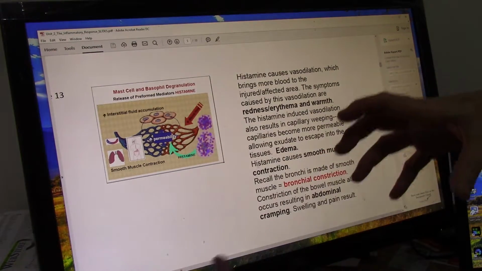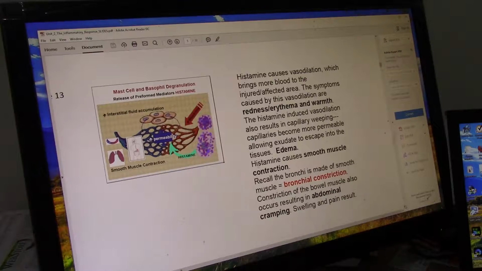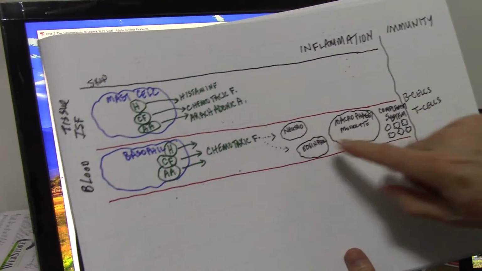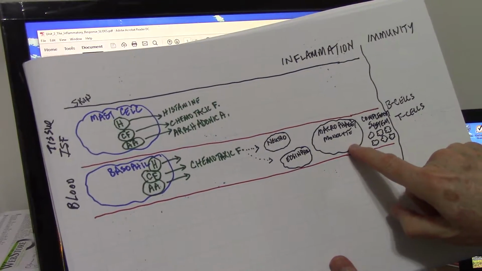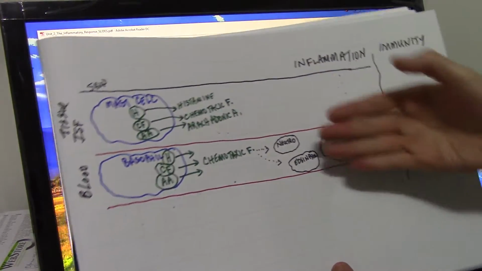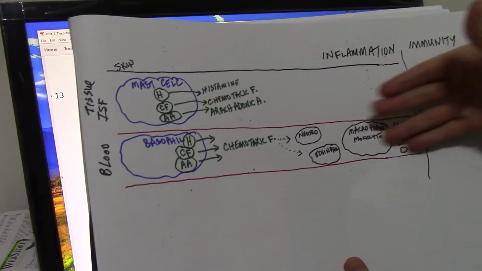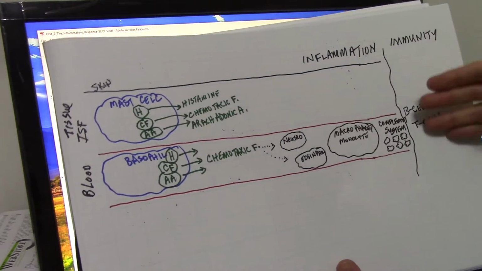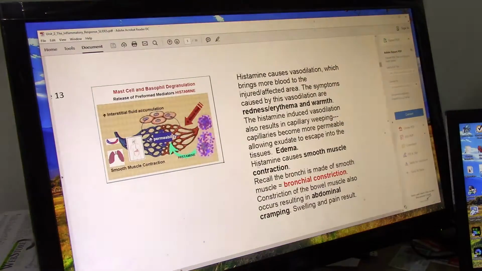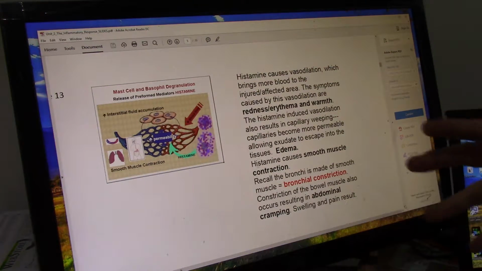And the reason the blood vessel dilates is so that we can bring in more neutrophils. Notice how big this macrophage is. Well, what if we just opened up and dilated this blood vessel? Then we could get much more of these inflammatory and immune system components into the site of the injury. So that's why we get the vasodilation.